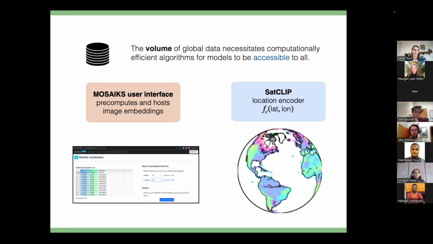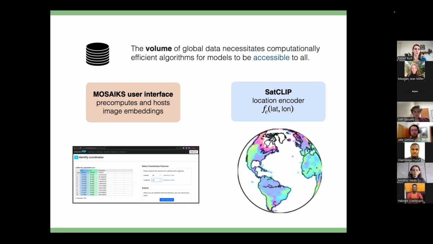Mosaics does this by pre-computing that feature matrix X ahead of time, and then that is available to many different users. If you go to mosaics.org, you can find how to access those features. SatCLIP does this by pre-training a model where you can then download the weights and the model in PyTorch and featurize any latitude, longitude point on Earth with that particular model.